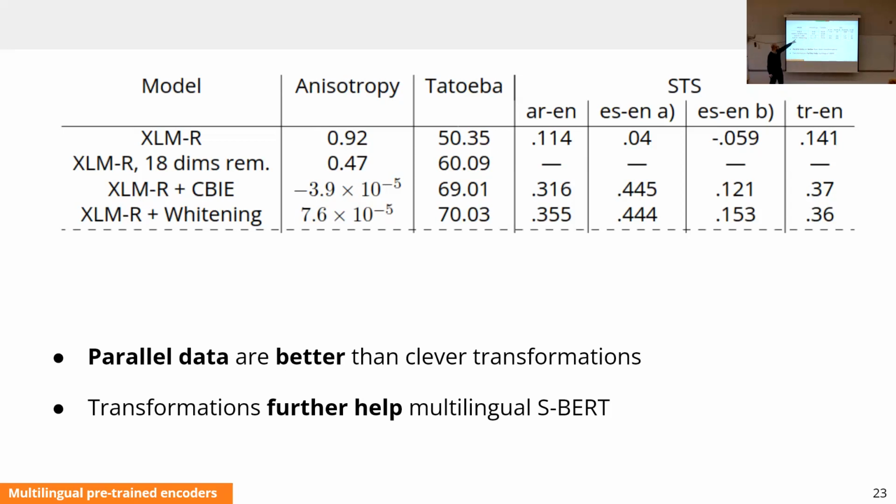And the other trick is called whitening, and is a pretty standard thing from linear algebra, and that is finding such a projection of the data that the data has zero mean, and the covariance matrix is an identity matrix.